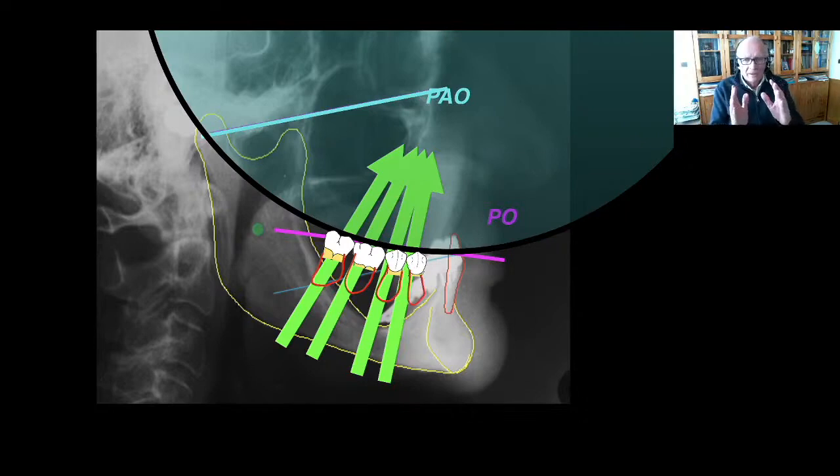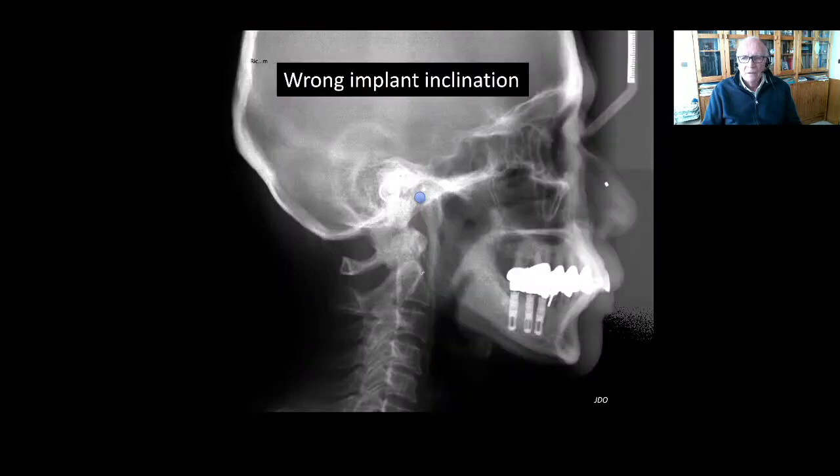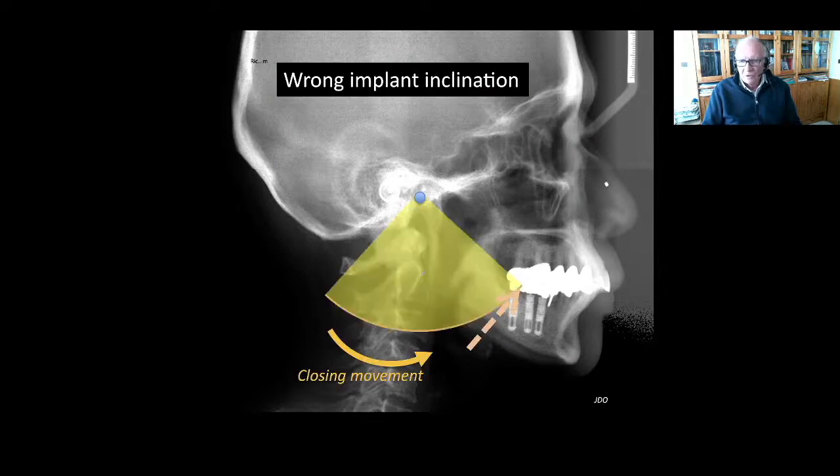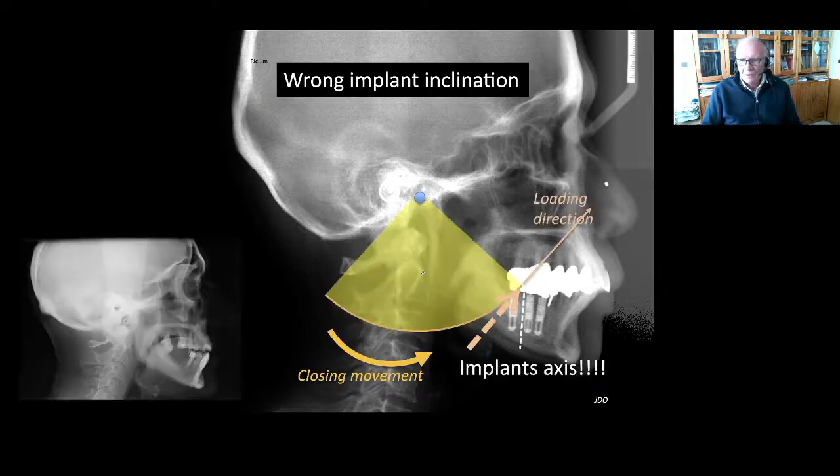The teeth align themselves following the direction of the force. One example concerning implants: the direction of the force is here, like this. And look at the direction of the implant axis. I think it is not optimized for the direction of the force.